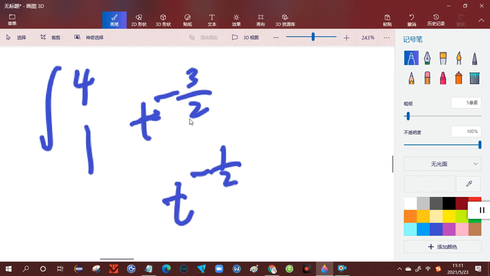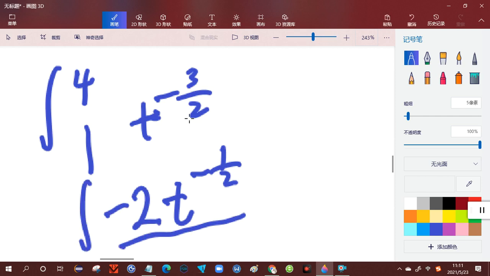So it's 1 divided by negative 2, right? So it's equal to this, negative 1 times. Yes, I think it's the correct answer. Then we use the fundamental theorem of calculus here.